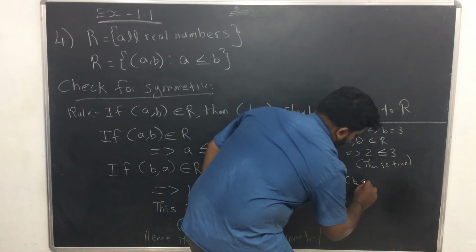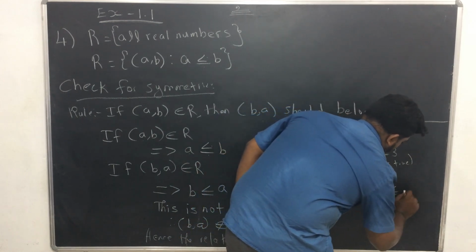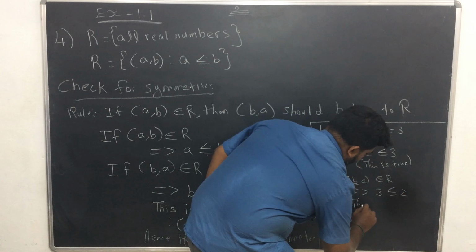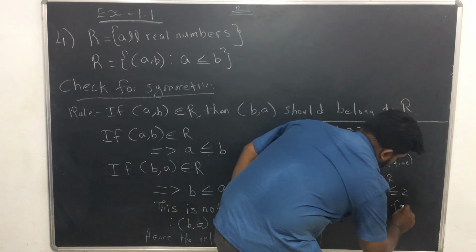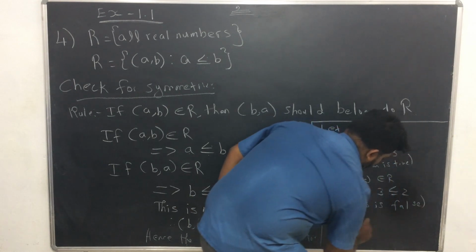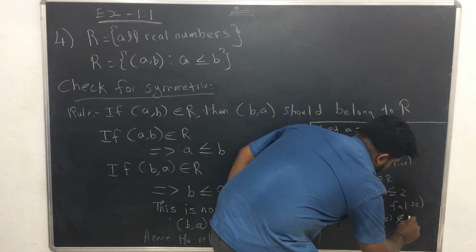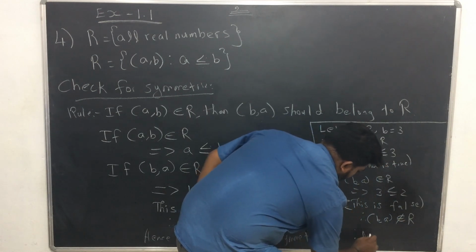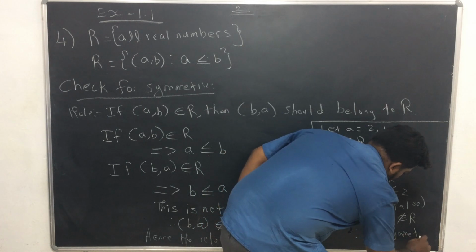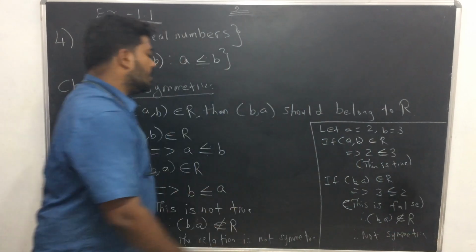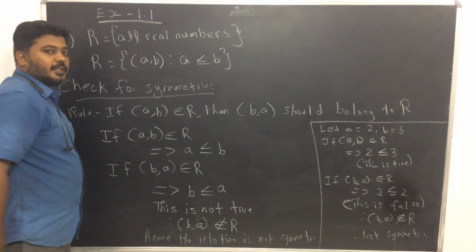If (B, A) belongs to R, it implies that 3 is less than or equal to 2. This is false. Therefore, (B, A) does not belong to R. Therefore, the relation is not symmetric. It is proved to be not symmetric. So, two ways of doing. Both are correct.